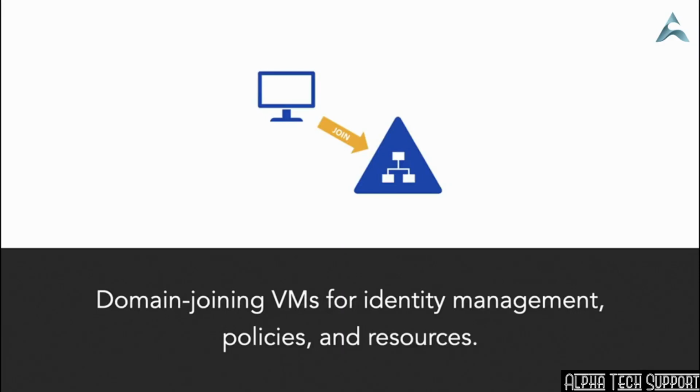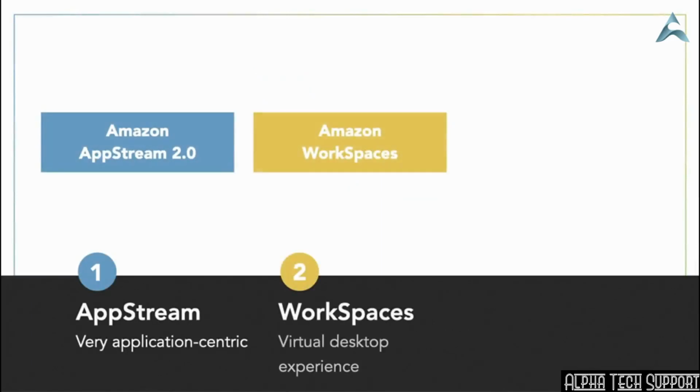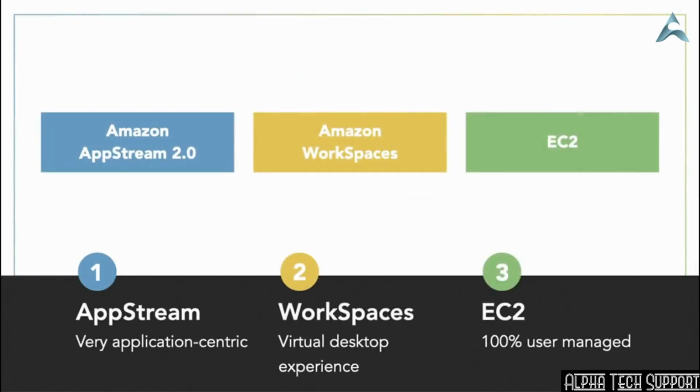And finally, to summarize, remember that you always have alternatives, whether it's AppStream to deliver applications, Workspaces for that familiar desktop experience, and also individual EC2 servers that people can remote into, which gives you the most flexibility and control, but also comes with the highest overhead and maintenance costs.